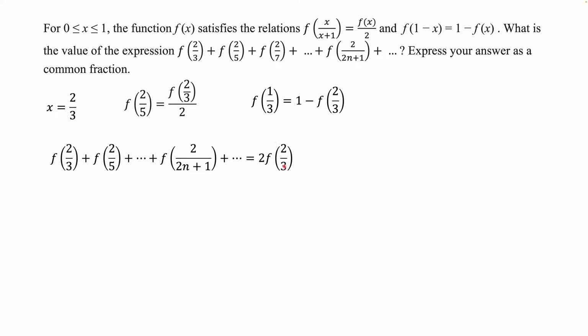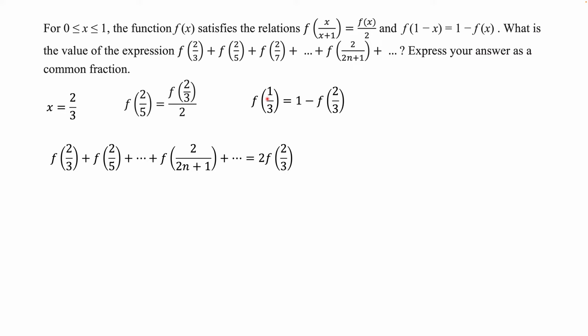The one thing I can try to use is this expression that takes me from 2/3 to 1/3. Well, it doesn't completely solve the problem, but maybe that's something we should think about. Maybe we can put 1/3 and get something out of it.